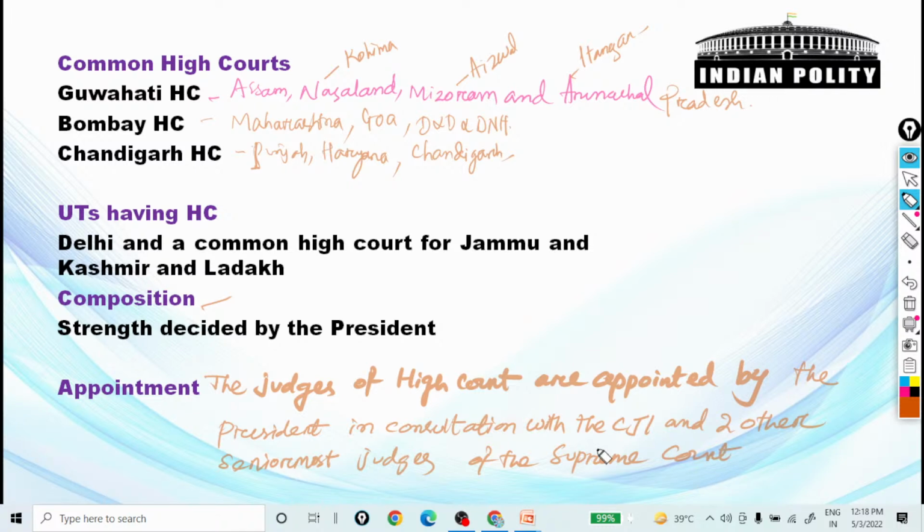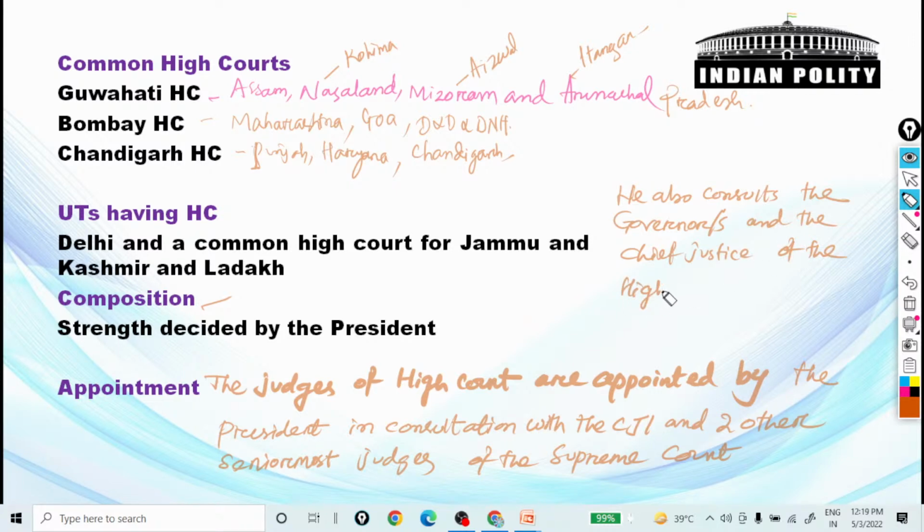Apart from the consultation, the President also consults the governor of the state and the Chief Justice of the High Court. He takes their opinion regarding this appointment. So apart from that, he also consults the governor of the state, governor or governors in case of common High Courts, and the Chief Justice of the High Court.